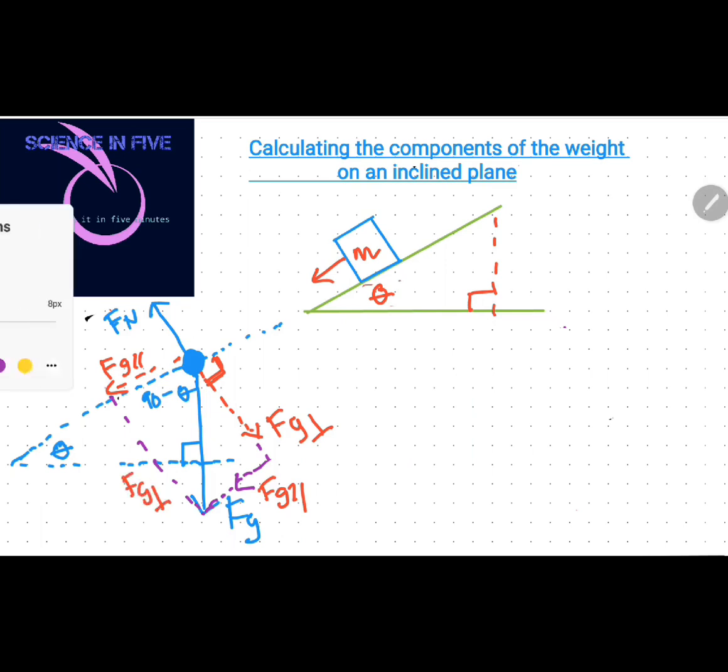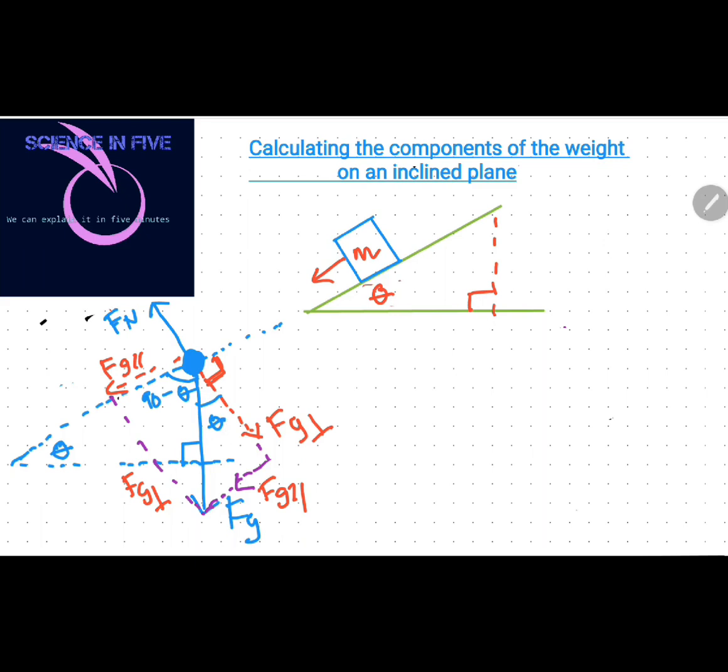Now, doing some bit of geometry of angles, this is a right angle. Okay, Fg parallel and Fg perpendicular at right angle to each other. If this angle here is already 90 minus theta, what is this angle going to be? It's a complementary angle, so this angle must be equal to theta. Okay, so 90 minus theta plus theta gives you 90 degrees.